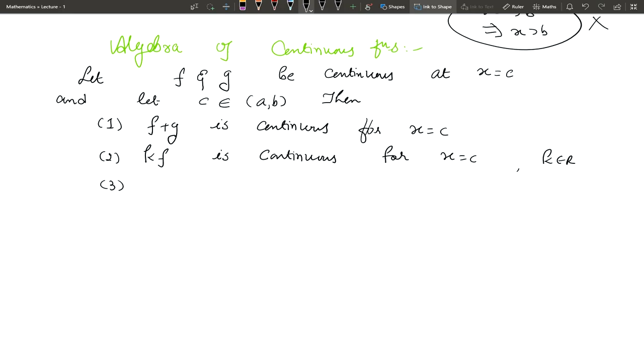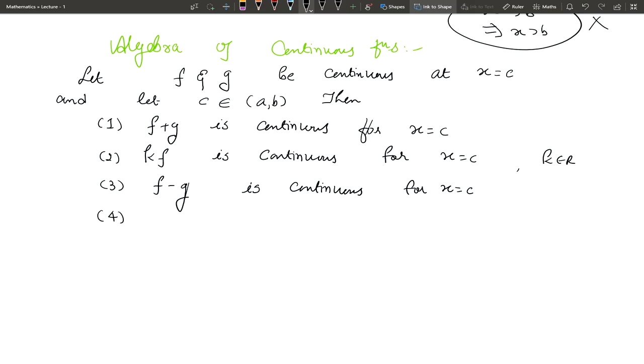Third, if f and g are continuous at x equal to c, then f minus g is also continuous for x equal to c.